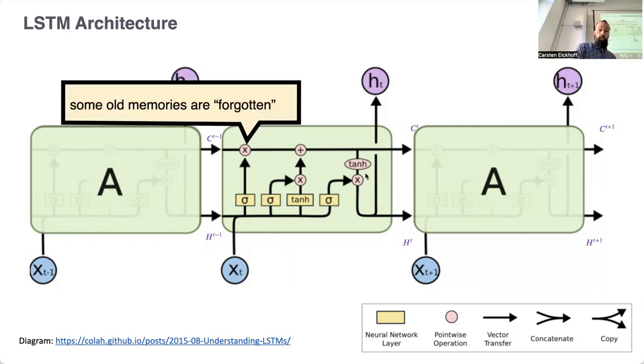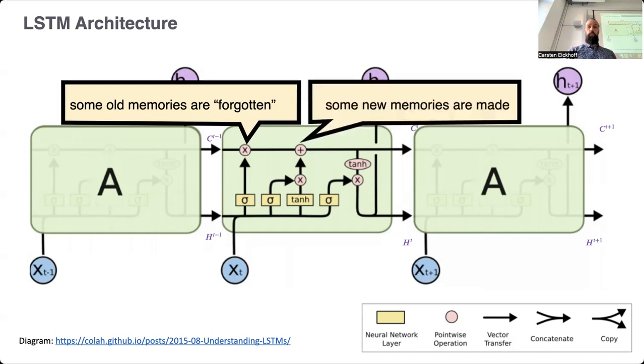All right, so what's happening in here? This first component here, and we'll look at this in a moment, helps me forget, right? So again, this line up here, this wire that I'm drawing through, is my long-range context, right? So my long-term memory. And the first thing I'm deciding is, based on the word that comes in and based on my internal state here, should I forget certain things from memory? We'll see in a moment how that works.